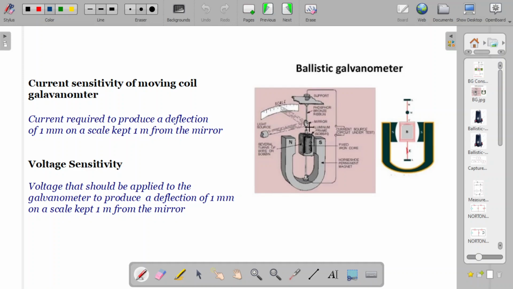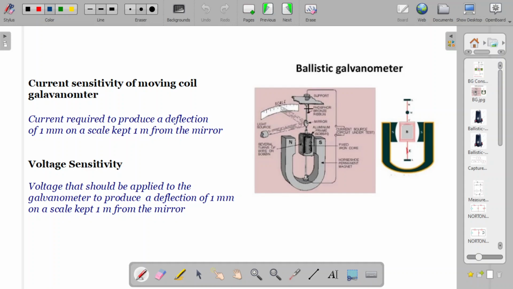We have a mirror here, and a light source is used to radiate light on the mirror. If you keep a scale arrangement in front of the mirror, the light falling on the mirror will be reflected on this scale.